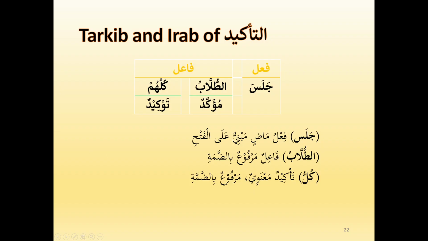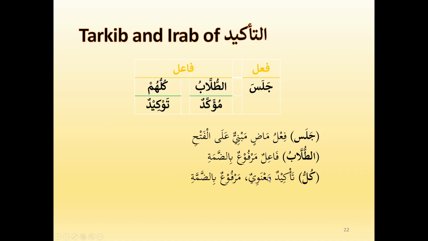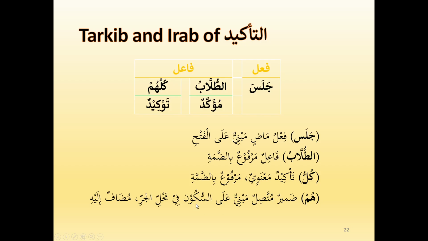Lafziyin was just now, and now it's ma'nawiyun. You have the notes, so you see this again. And then of course hum is your mudaf ilayh, and it is fi mahali jar because it's mudaf ilayh, and it's mabni ala sukun. It's a domir, it's an isim, so it has to have a place in Irab. This is where we have fi mahali jar.